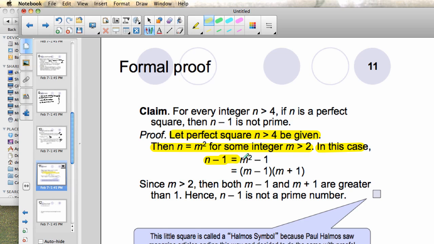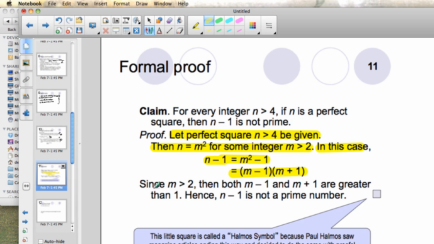The hypothesis doesn't say anything about n-1, the conclusion does. So here I'm turning my attention to the conclusion, and I'm writing down what I know about n-1, because the conclusion is about n-1. Now I am using here the fact that I know that I have to do something about primes, and so I'm trying to think about how n-1 might factor, might be written as a product. So I do have some idea of what I'm trying to accomplish here. And then once I see that, I say, oh, I have actually written n-1 as a product.